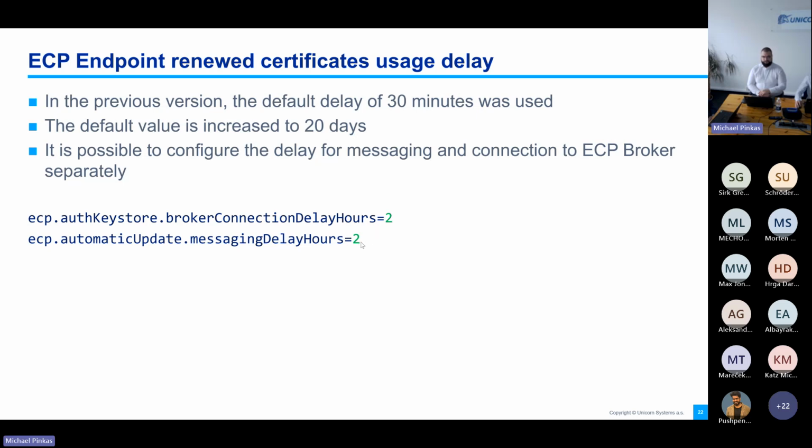And regarding the messaging, the message would fail on the signing and encryption, or rather the decryption of the message on the receiver side, because the receiver side would not have the newly renewed certificate present.